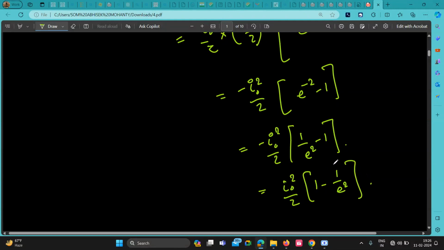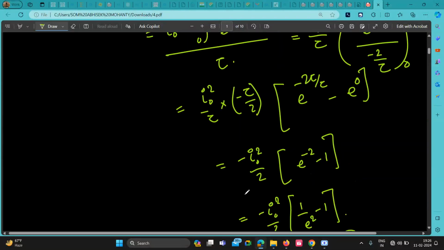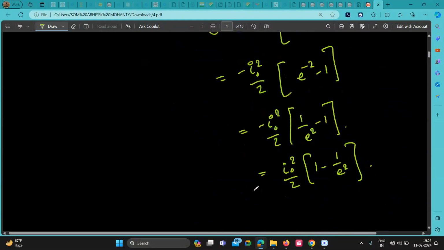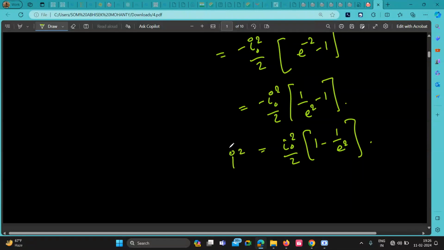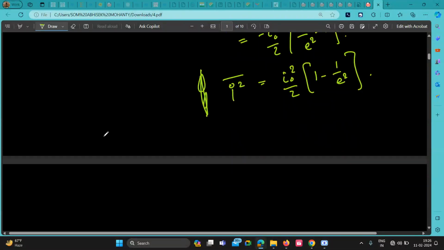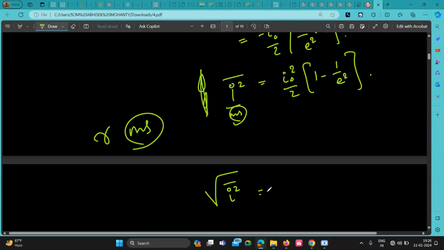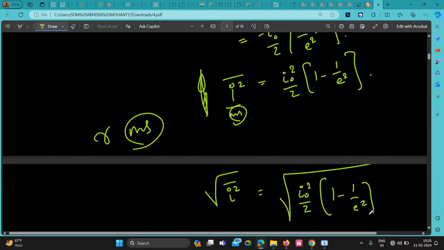Now this is what we calculated, I square mean. But we need root mean square, and this is only the mean square we calculated. So root mean square means just the root of this. Take the root of I naught square by 2, 1 minus 1 by e square.